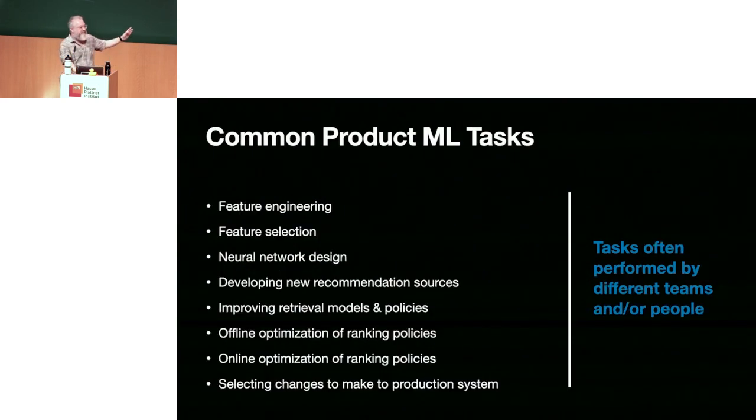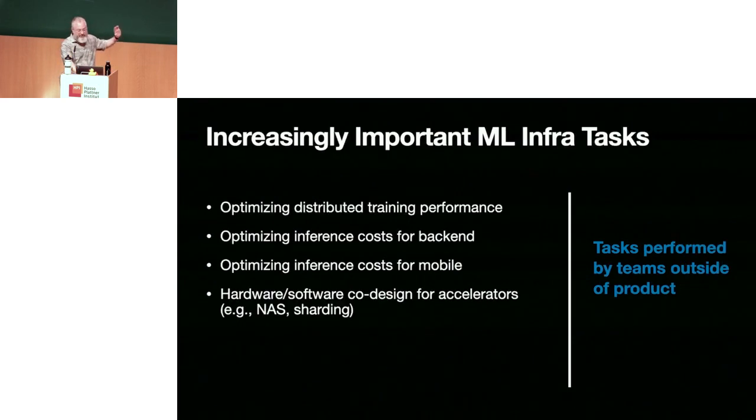And here we're just talking about the product machine learning engineering, but then there's also various tasks on the infra. So there's a completely separate organization that's dedicated to things like how should we train these large models? How do we reduce inference costs so that predictions are cheaper? This might involve some hardware software co-design, which might relate to things like neural architecture search or sharding of the neural net.